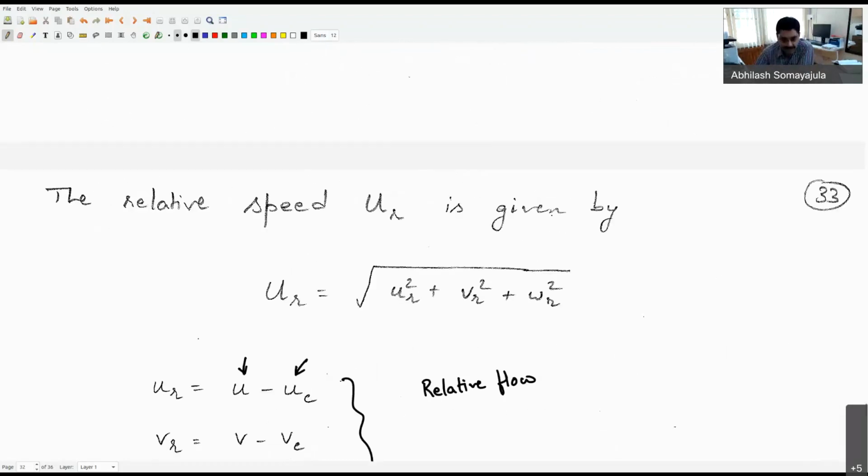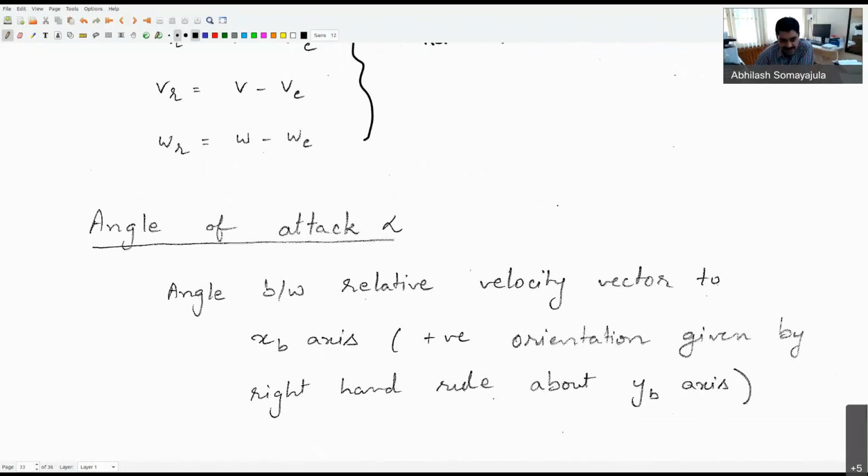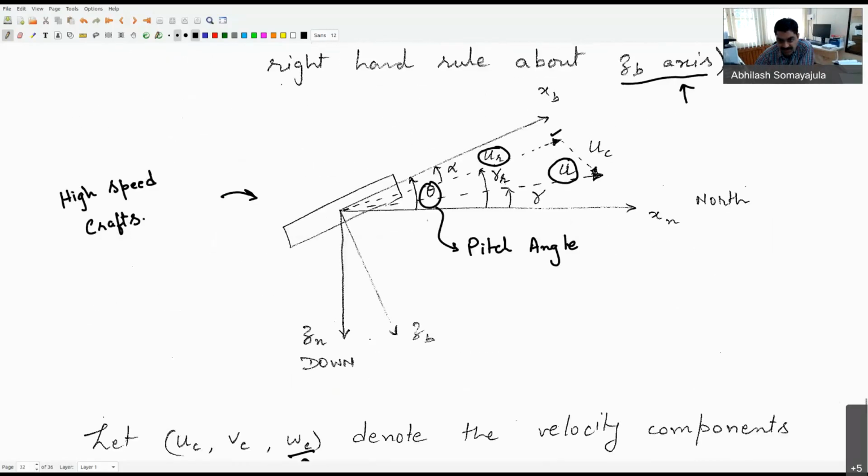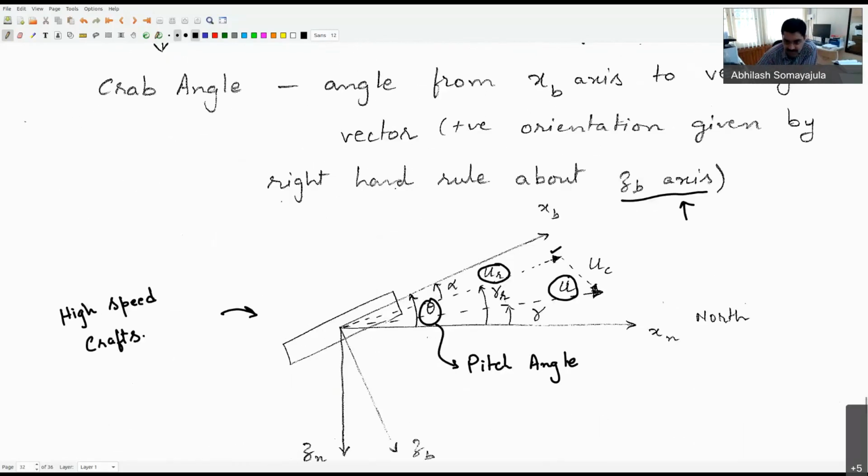Okay, so now let me come back and see what is happening. I'm going to define an angle of attack called alpha. This is the angle between the relative velocity vector, which is this one right here that I ticked, and the XB axis.